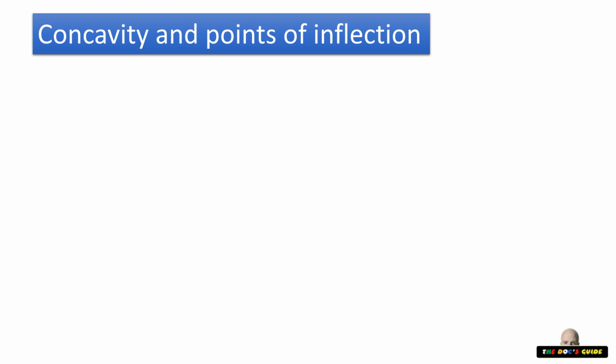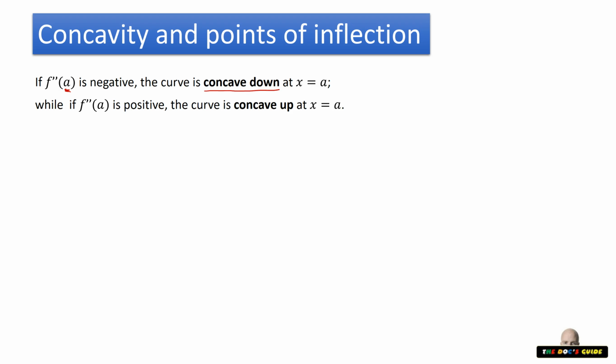And we're going to have a look now at how concavity and points of inflection can be investigated with the second derivative. If the second derivative at a point A is negative, that tells us the curve is concave down, and we'll see why in a moment.